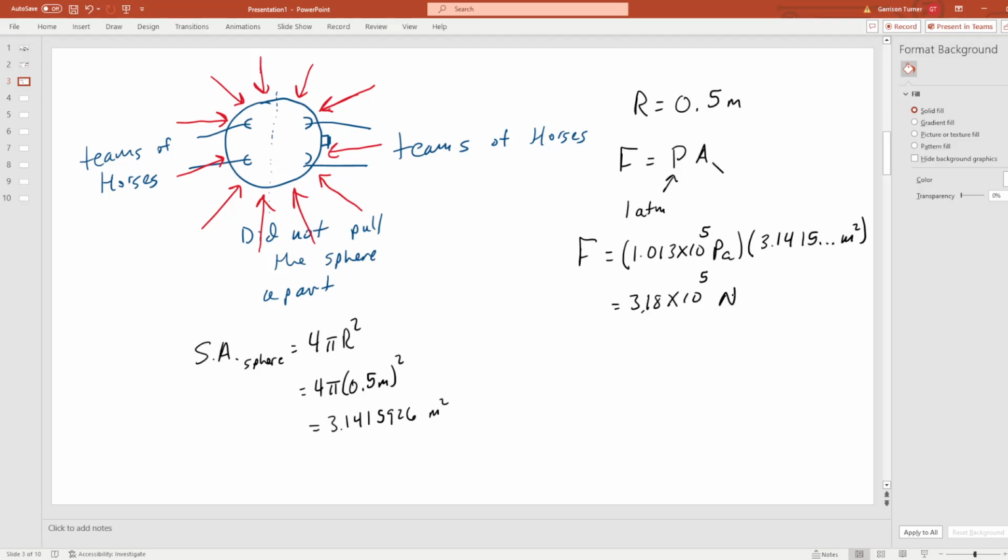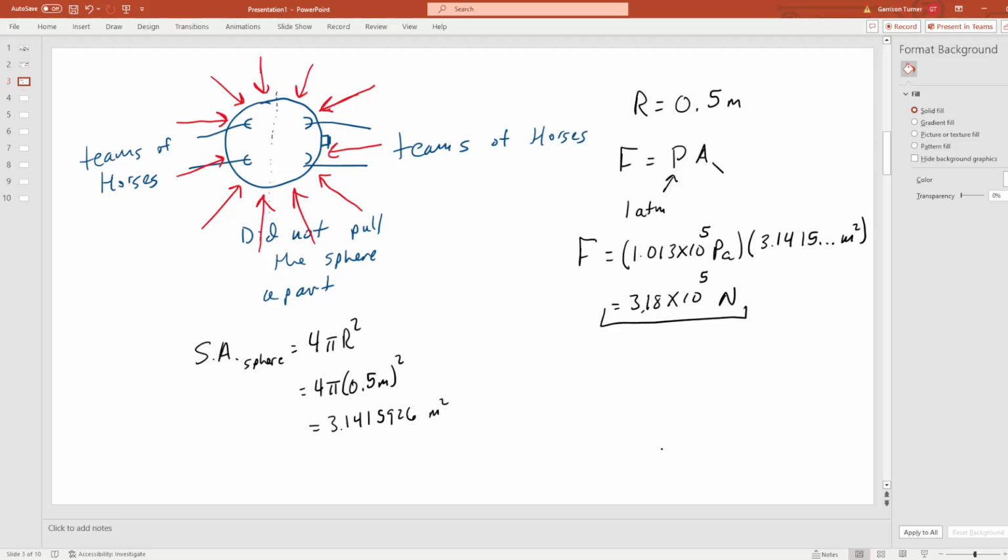So no wonder the teams of horses couldn't pull it apart. I think there were like four horses per team or something like that. It wasn't tons and tons of horses, but still, when we think about the pulling power of horses compared to humans, it's pretty immense. And they still weren't able to do it, because the atmosphere was exerting this much pressure on the sphere.